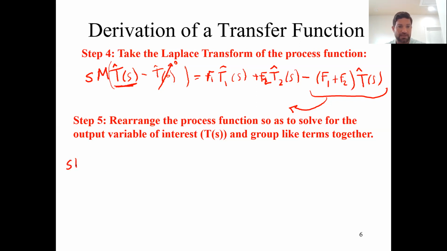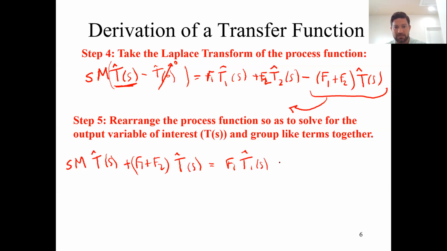So we'll have s times M times T hat of s plus F1 plus F2 times T hat of s equals F1 times T1 hat of s plus F2 times T2 hat of s.